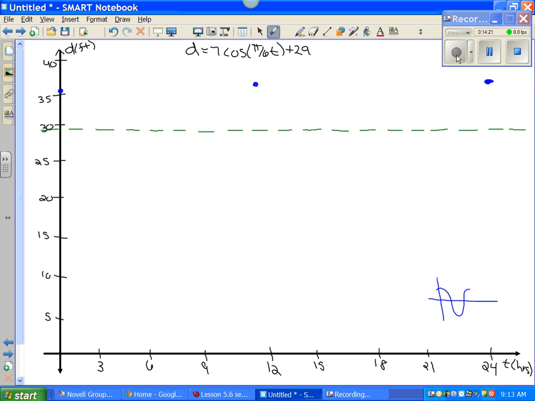That's okay. Okay, so I start at my maximum, I end at my maximum. What's halfway in between? My minimum. What's my minimum? 22. Great. Where am I going to find 22? 6. So 6, 22. And where else? And 18. Very good.